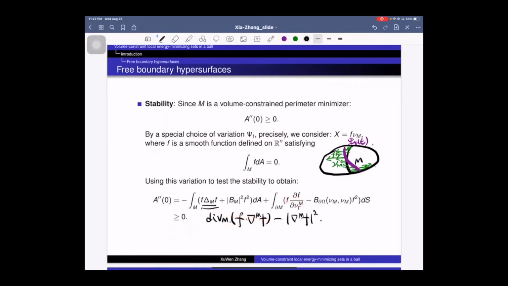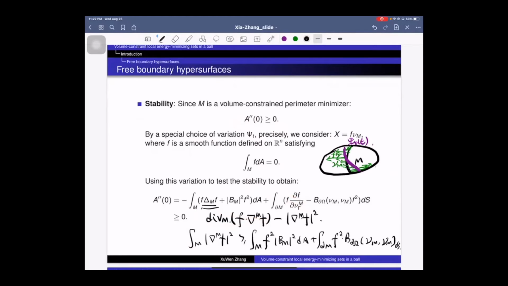So finally, we have the L2 norm of the tangential gradient of f bounding the integration over M of f squared times the norm squared of the second fundamental form, plus the boundary term f squared times the second fundamental form of the boundary taken in nu_M.